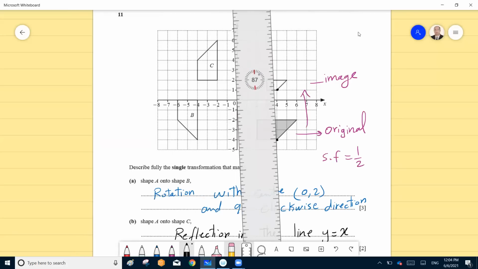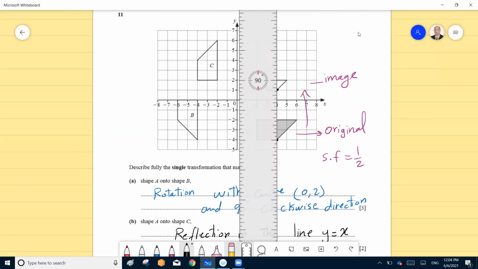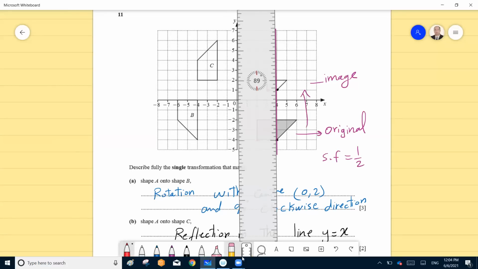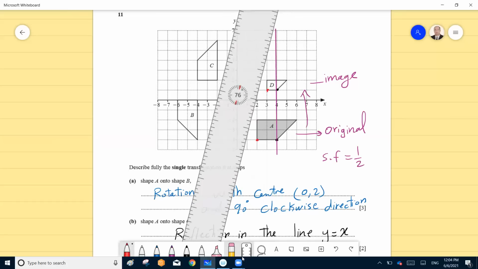Select again any two corresponding points and draw a line. Select two other points, like this corner and this corner, and also draw a line joining these two points like this.